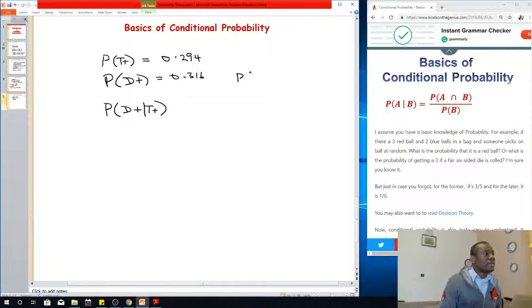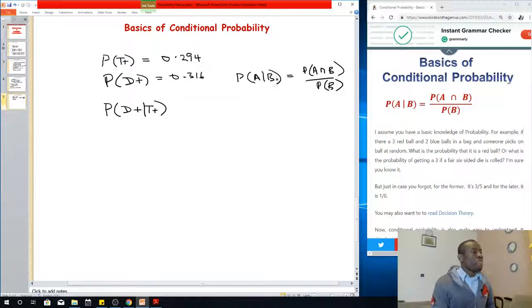So probability of A given B is equal to probability of A intersection B. Remember, we mentioned the set theory, all over probability of B. So this is conditional probability of A given B. This is probability of B, and this is probability of A intersection B, A and B together.